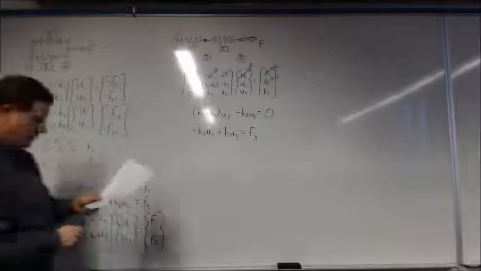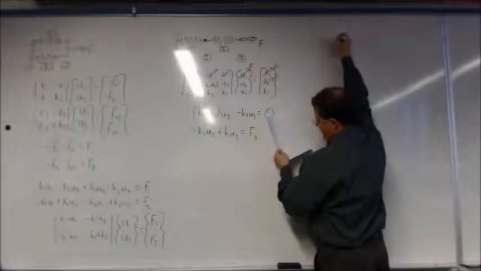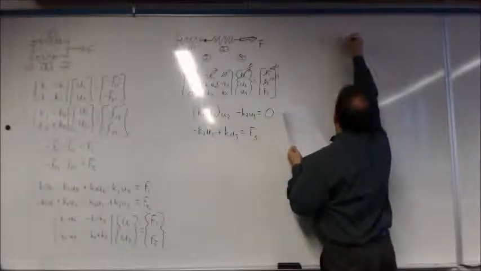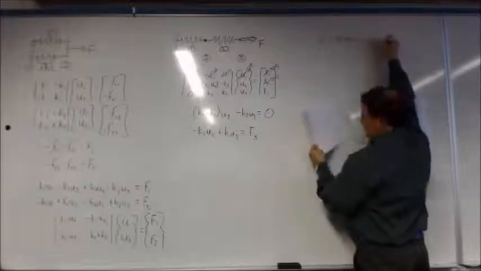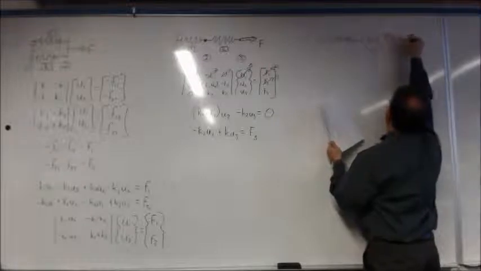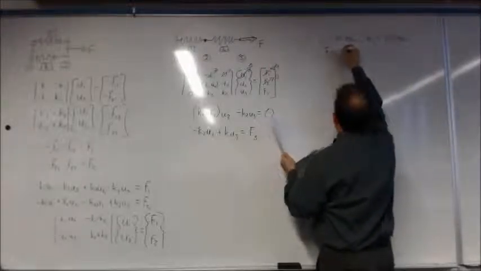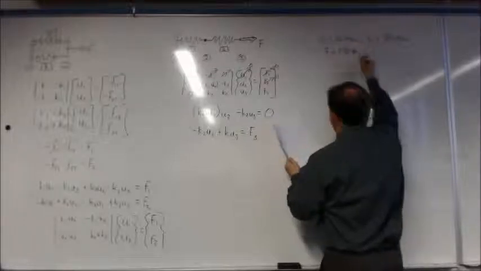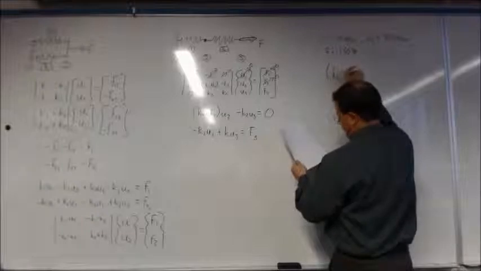Okay. So then we have K1 equals 100 pound-inches, K2 equals 200, F equals pounds. This is our equation.